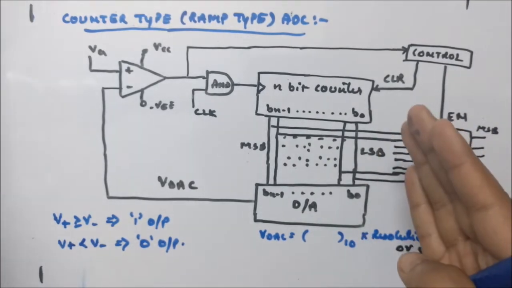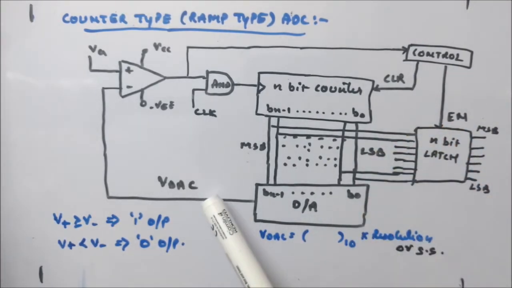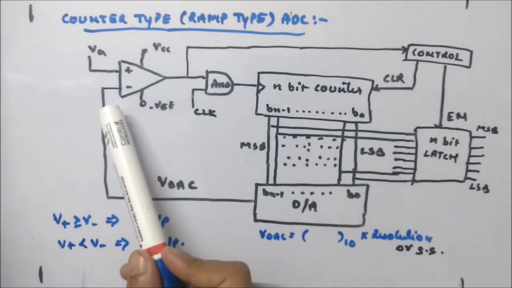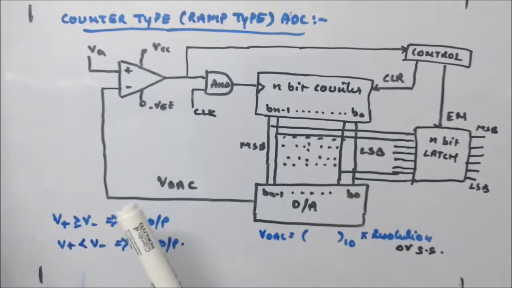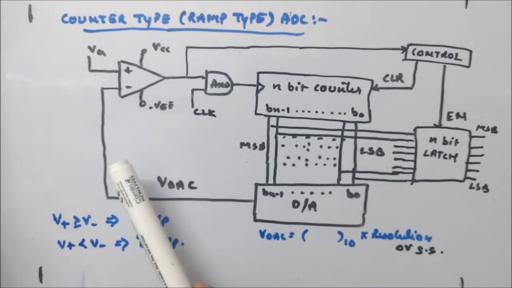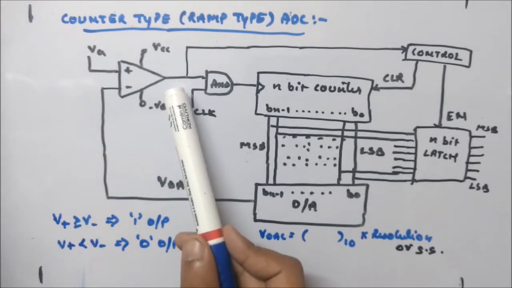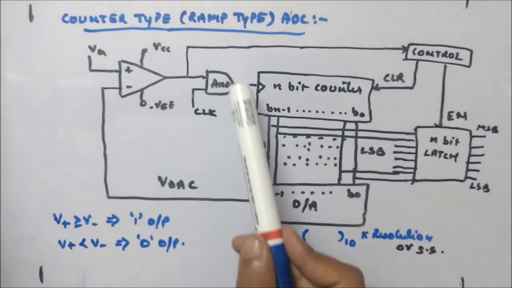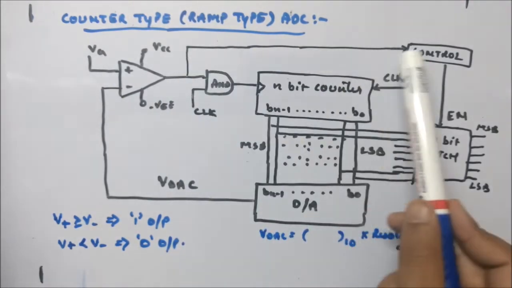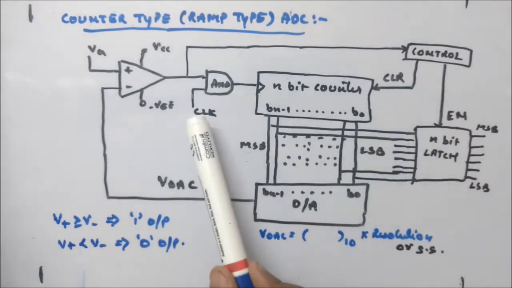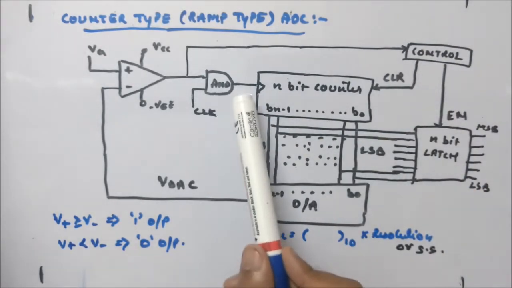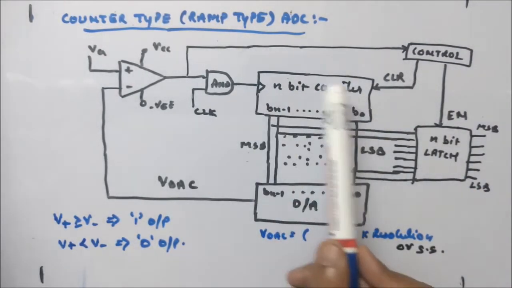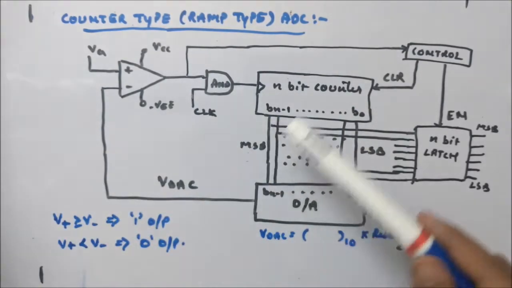At one point of time, your V minus, whatever output comes from the DAC, becomes greater than VA, and at that point you will have logic 0 at the output of the comparator. This 0 will be detected by the control circuit, and the clock will not be passed to the counter, meaning the counter will be stationary.